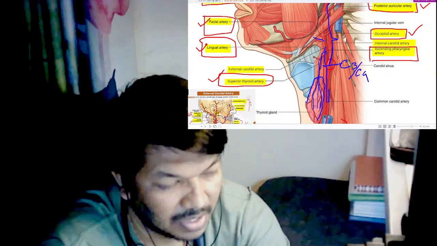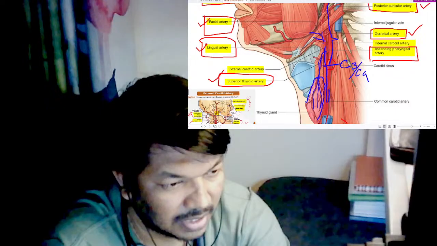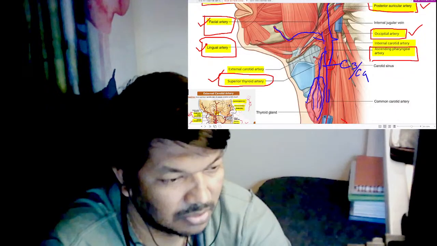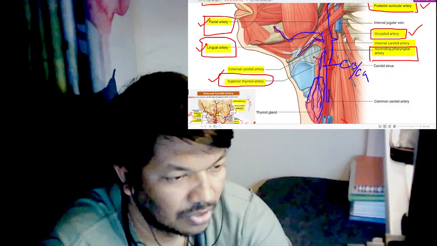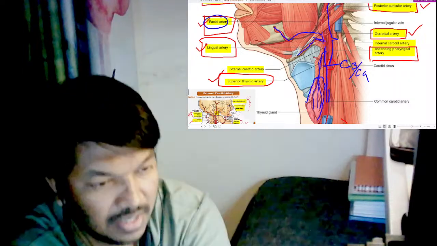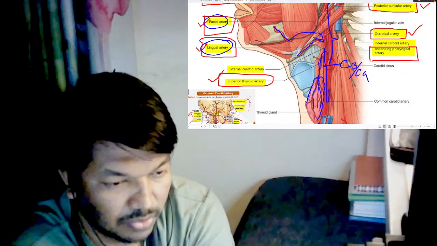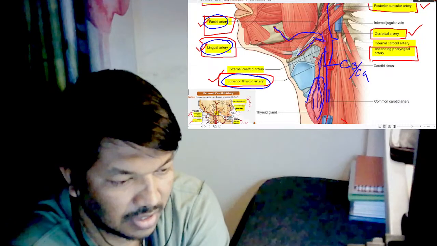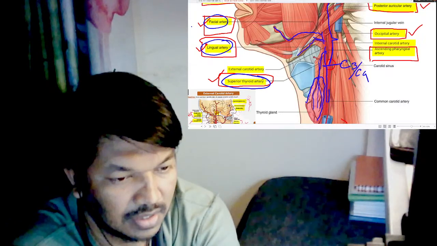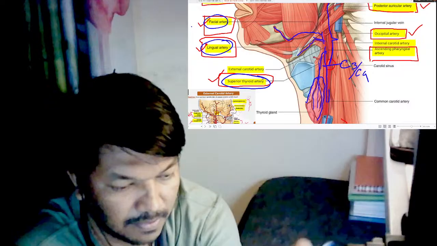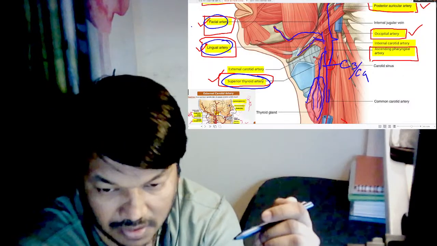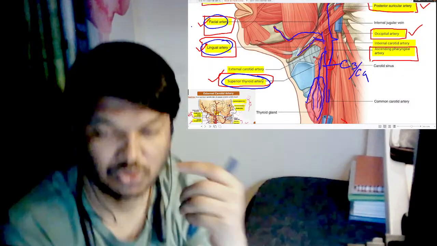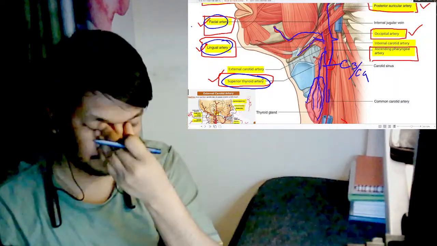Going a little up, again giving another branch, and it is giving supply to the face. So facial artery, lingual artery, and superior thyroid artery, they all are the anterior branches, right? Three branches: superior thyroid artery, facial artery, lingual artery.